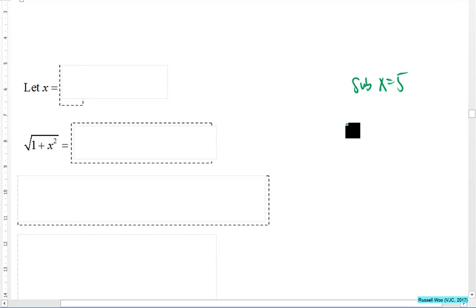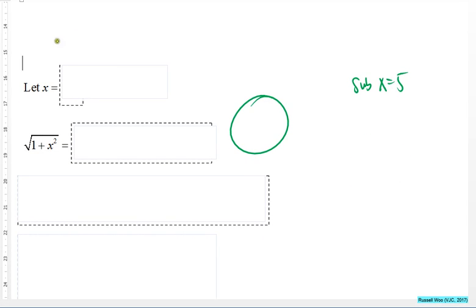So the idea is this. If I tell you the answer and I tell you it makes sense, I'm sure it makes sense to all of us. If I substitute 1 over 5, what do I get on my left hand side? I'll get 1 plus 1 over 25. Correct?